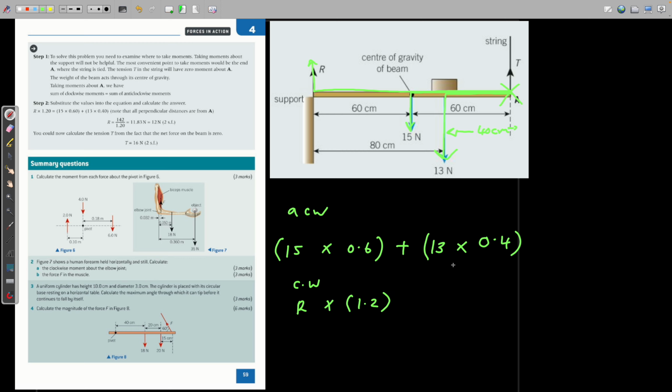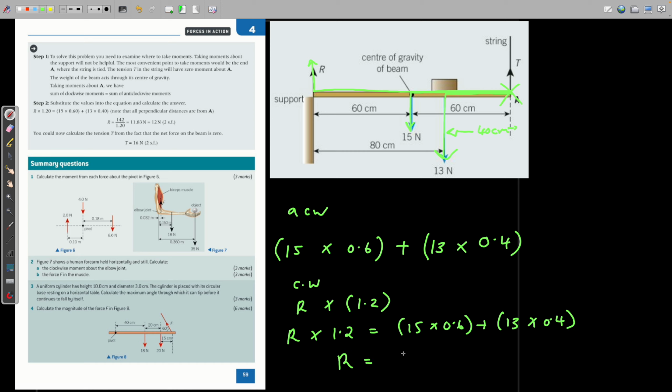So those are your moments. Anticlockwise moment due to the two forces, 15 and 13, and clockwise due to the reaction force at a distance of 1.2 meters. It's balanced, so these must be equal. So you can write R times 1.2 equals 15 times 0.6 plus 13 times 0.4, and then just divide by 1.2.